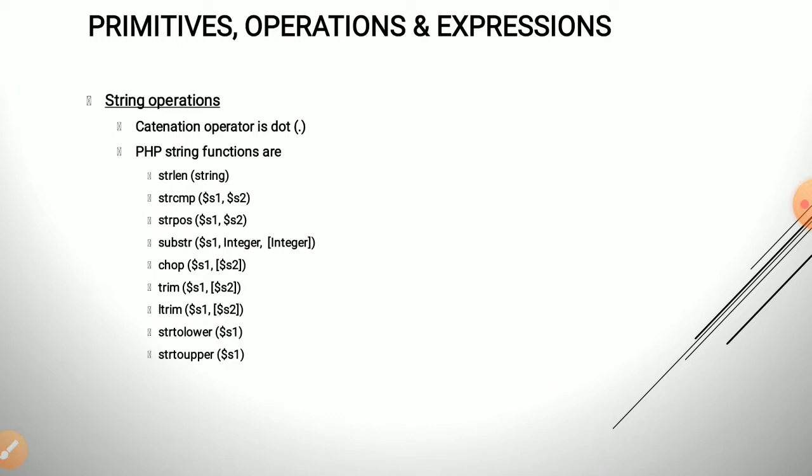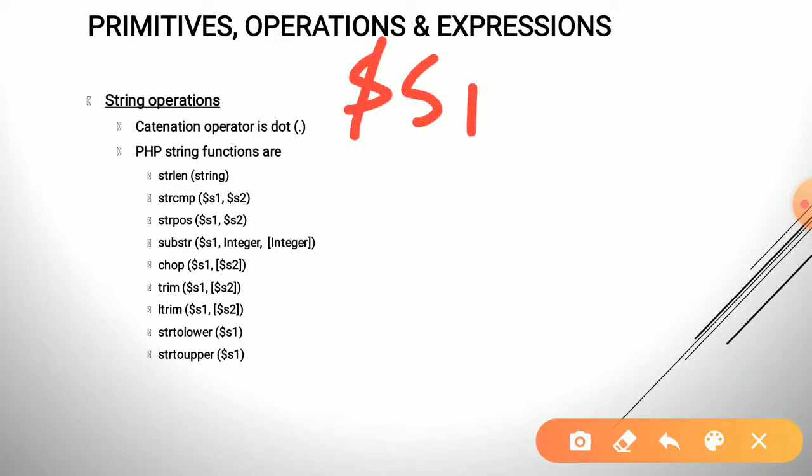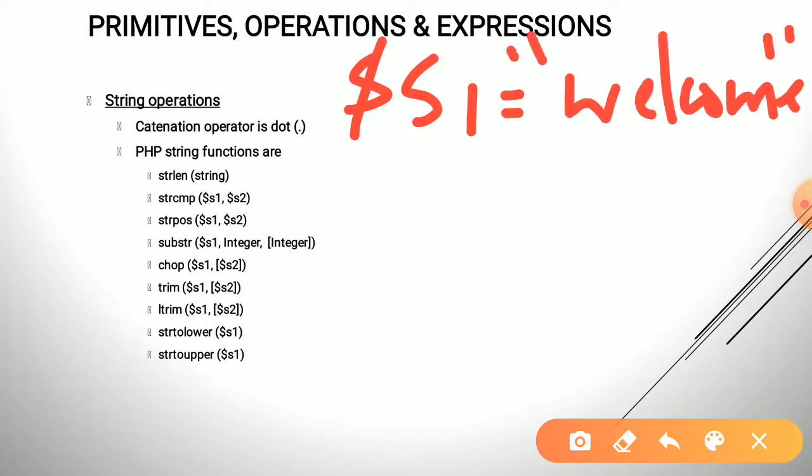Otherwise false is returned, that is, if the second string is not present in the first string. For example, suppose $s1 equal to welcome, and suppose $s2 equal to el.